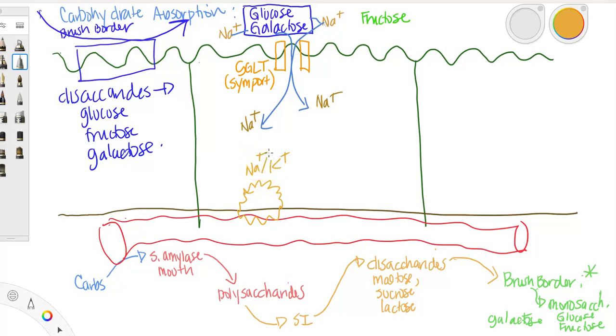So we're going to get sodium out, back into the blood, and then potassium will come in.